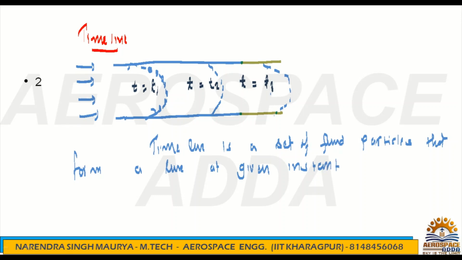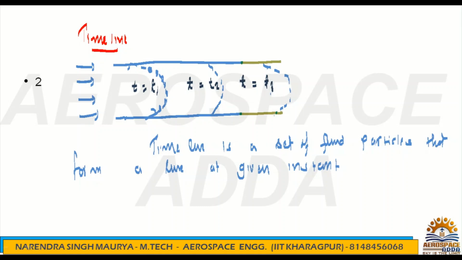So at a particular time t equal to t1, maybe it is 1 second or 2 seconds or 3 seconds, whatever fluid particles are making a line, that is called a timeline. At this particular time period, these are the fluid particles, and they are making one line. So that will be called a timeline. What is the work of the timeline?